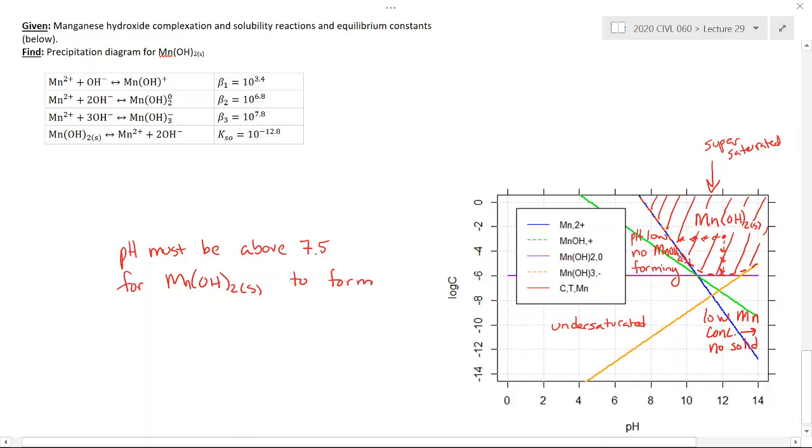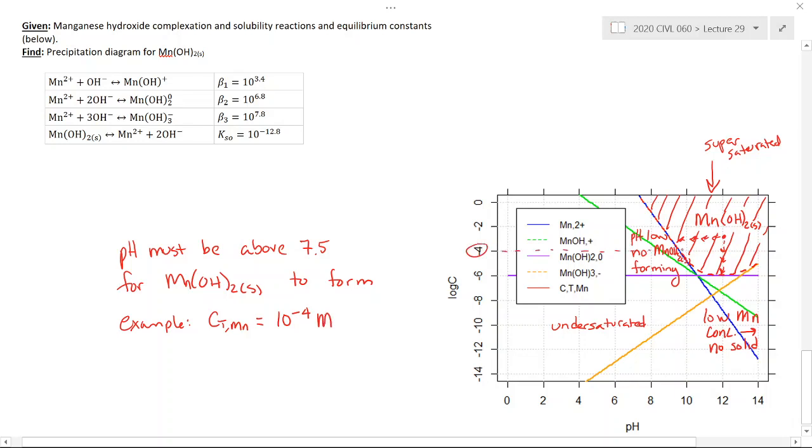It depends on what the manganese concentration is. So for example, let's pick an example. Let's say that our manganese concentration is 10 to the minus 4, which is right here.